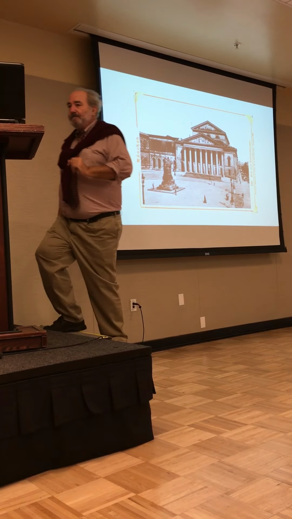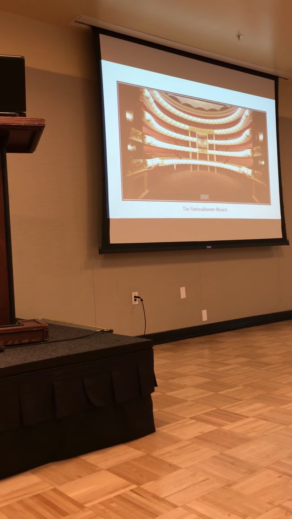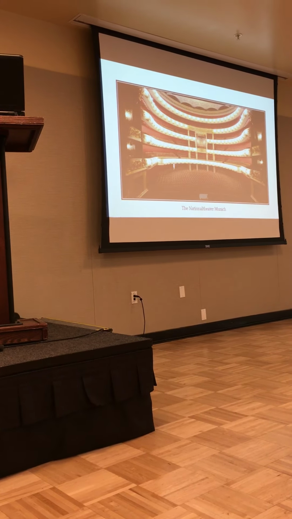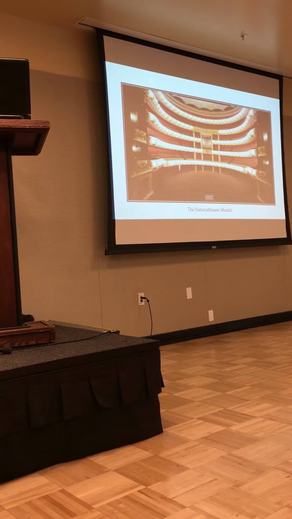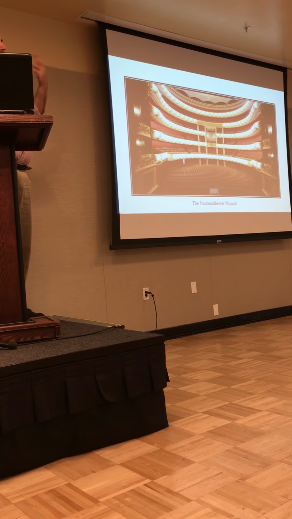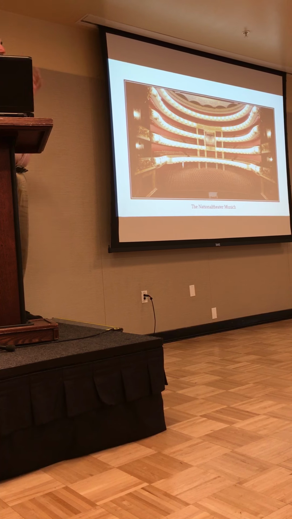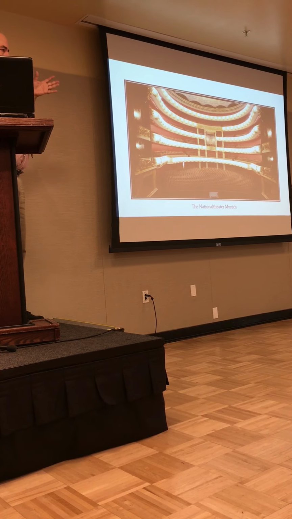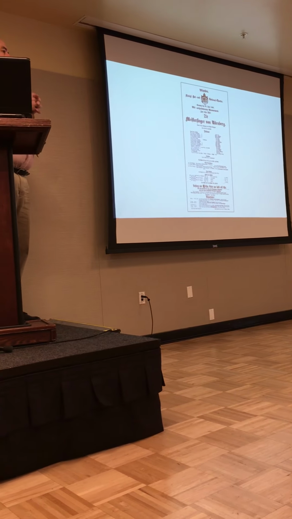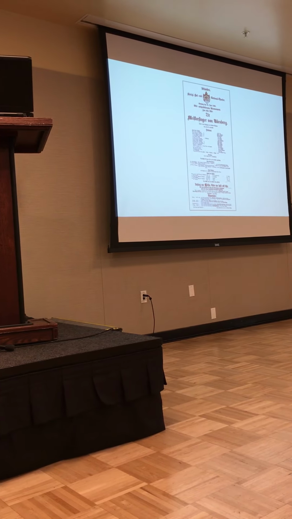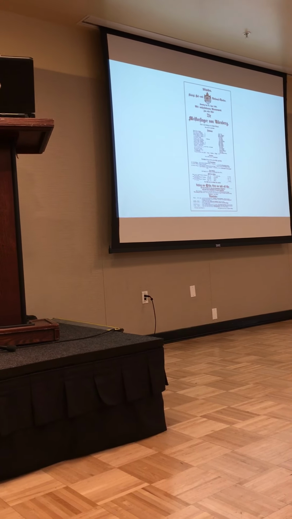And this particular picture ought to be very familiar. The theater was destroyed in World War II, 1944, and then it was built almost as it was before the war. And so this just gives you an idea of the space that Wagner worked in. And so we have the first performance on June 21st of 1868.